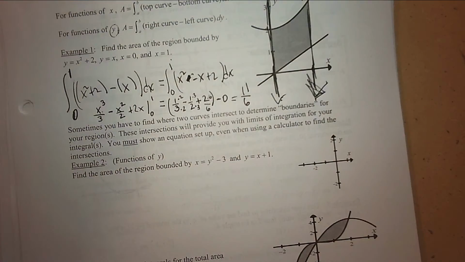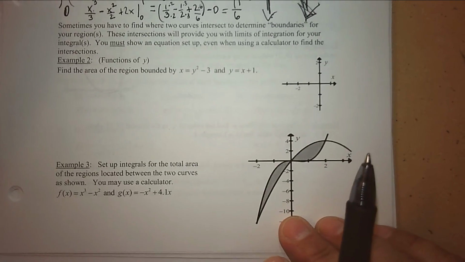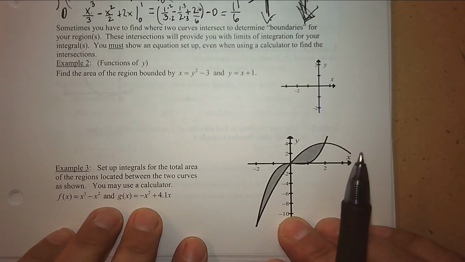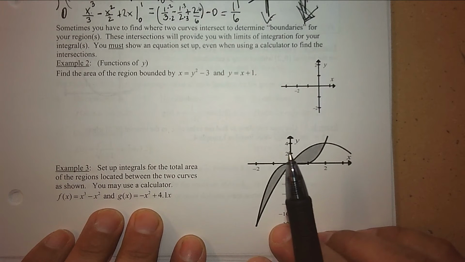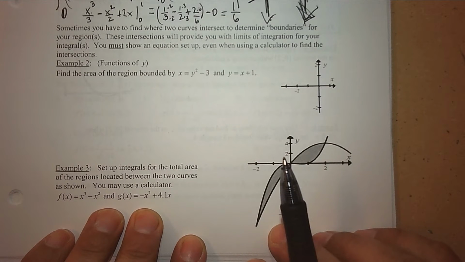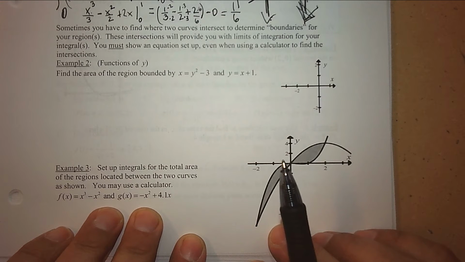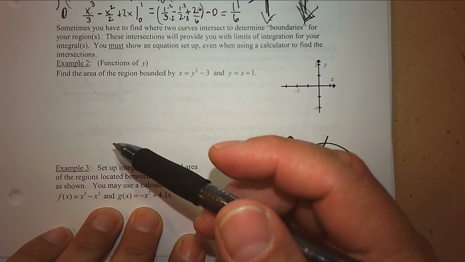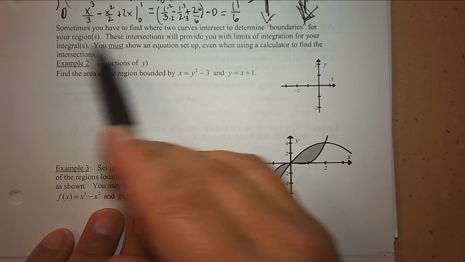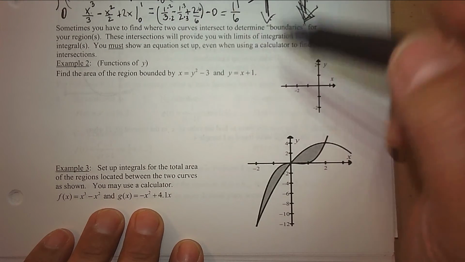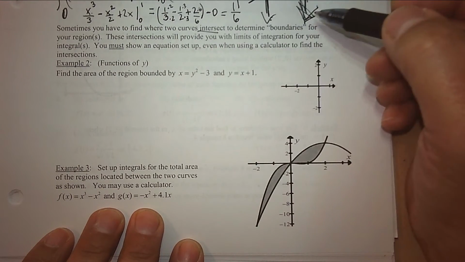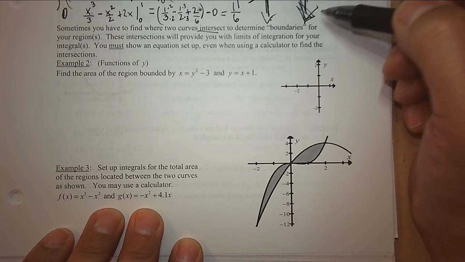All right, let's go back and look at example number 2. It says sometimes you have to find where two curves intersect to determine the boundaries for your region.